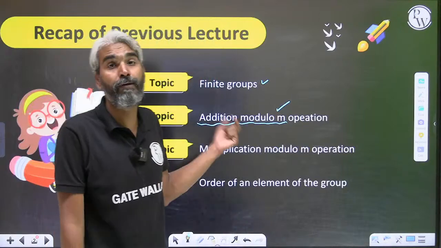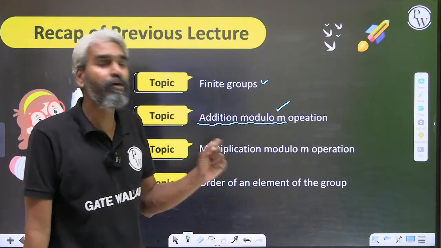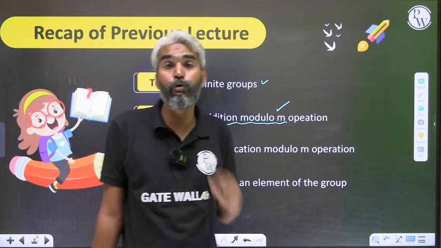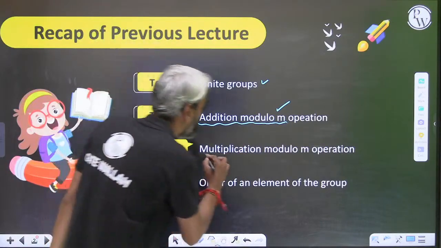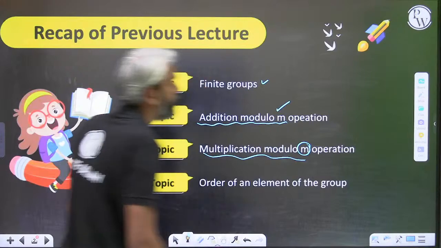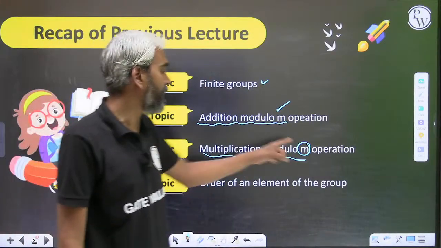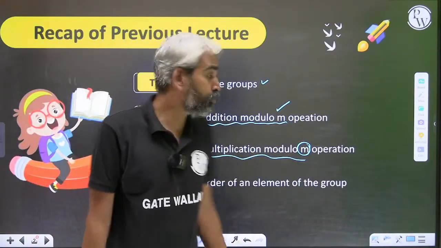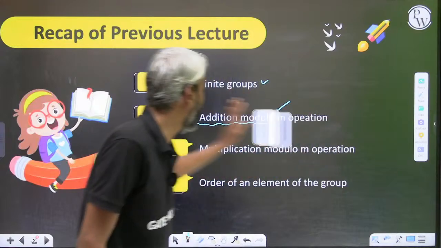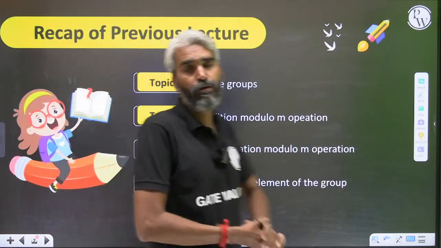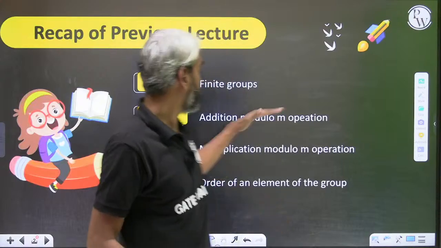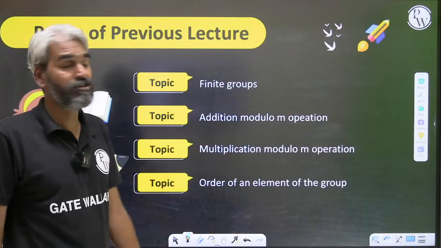Therefore, because of the closure property, we will never have to include a number in the set which is m or greater than m. Similarly, with respect to multiplication modulo m, we will never have to include a number which is m or greater than m. So these are two new types of operations with respect to which we can define some more finite groups of real numbers: addition modulo m and multiplication modulo m.